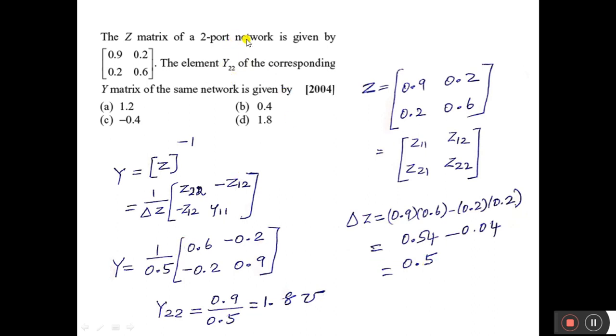Question is only Y22 they are asking. So Y22 is this one. So 0.9 divided by 0.5, so 1.8 mho. Very simple case, no need for any conventional method. This question was asked in GATE 2004. Option 1.8 mho is correct.